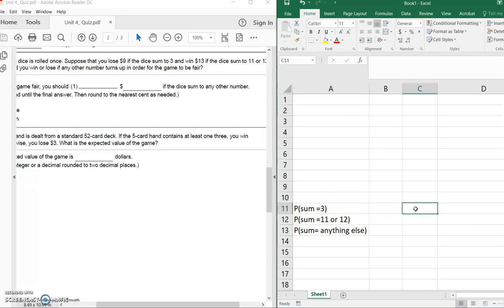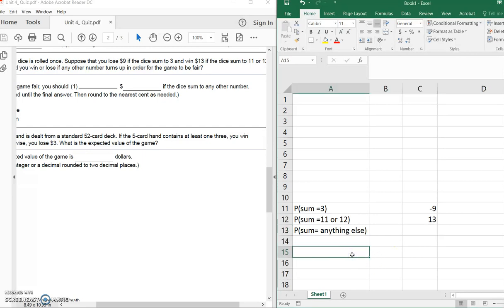So if the sum is 3, you lose $9. So putting negative 9 here. And then if it's 11 or 12, you win $13, so that's plus 13. And then there's going to be some other number winning or losing money so that the game is fair.